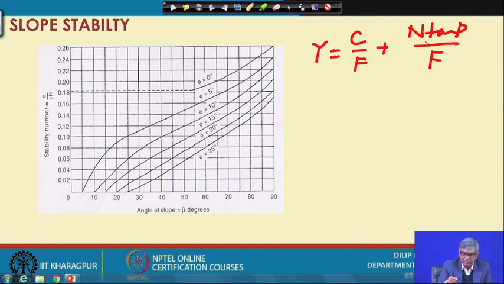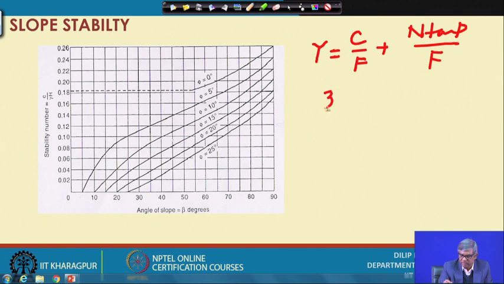So, if I directly project based on phi and get the stability number, and from there find C, then we get a factor of safety which is different, since we already assumed the factor of safety for phi is 1. So the procedure is that you first take a factor of safety for phi.